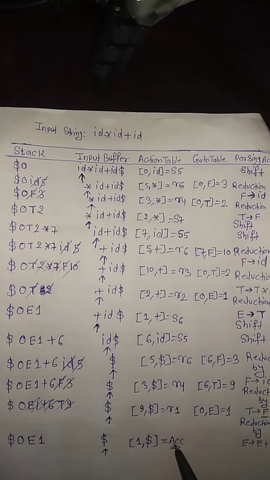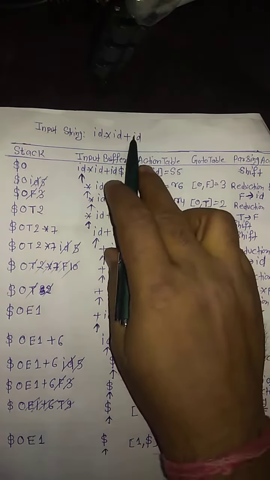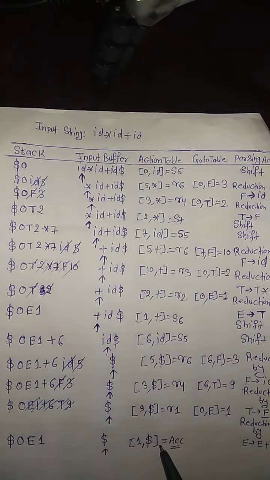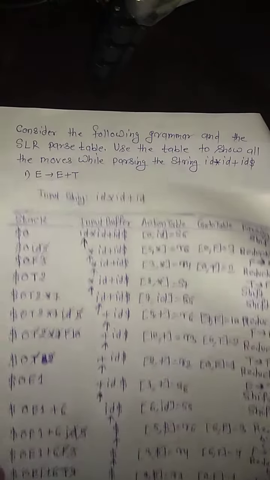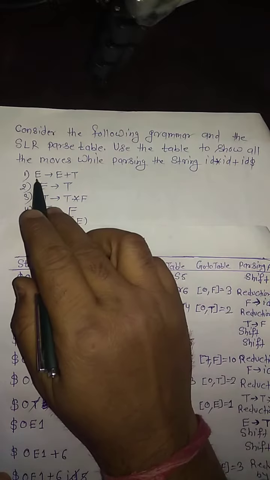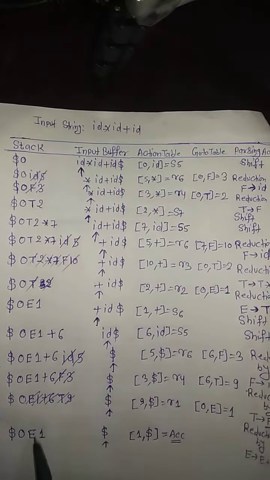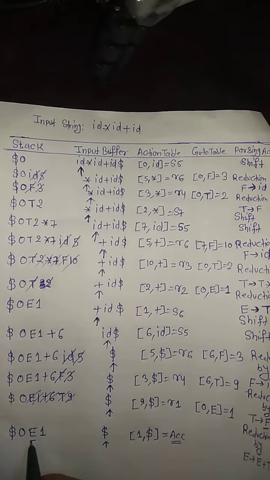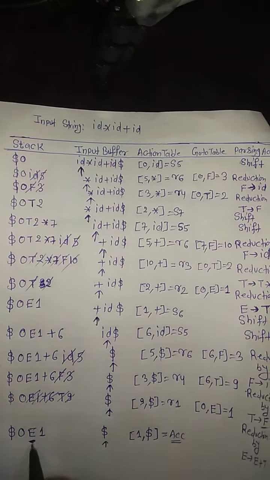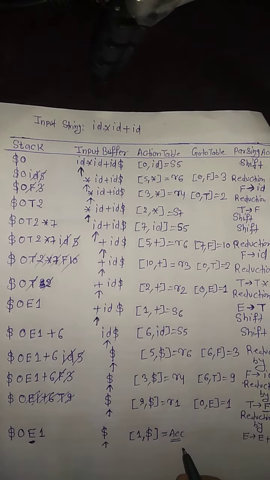So what is the meaning of bottom up parsing? Bottom up parsing means you have to apply the approach from bottom to top. Bottom means you have a string, and top means the root symbol, the start symbol of the grammar. So here the start symbol of this grammar is capital E, and when you get the capital E in the stack, this is the start symbol of the grammar.